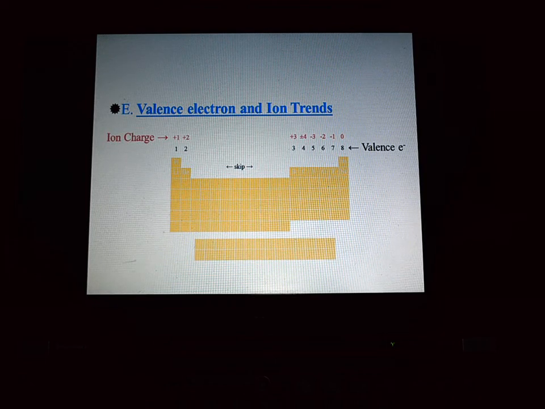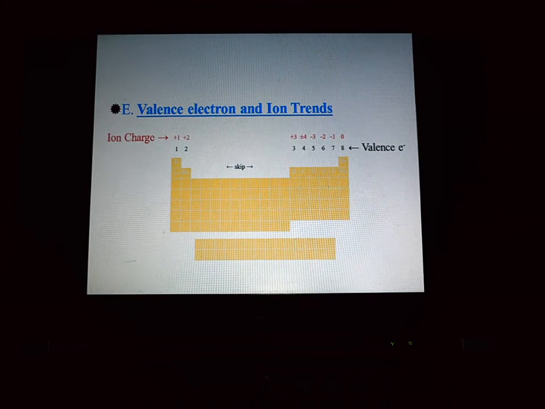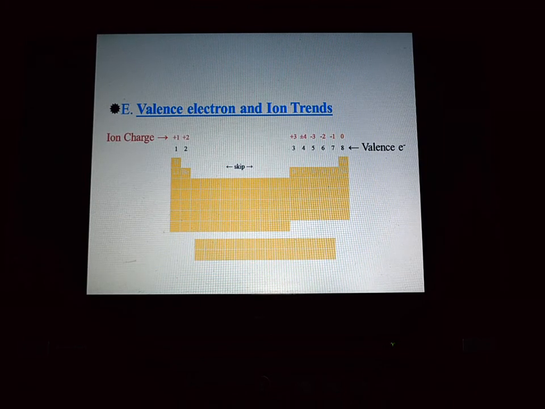And like I said, those are the kind of questions that you would be asked. Not what's the whole trend, but you would be asked, like, what kind of charge would sulfur have? You're not supposed to memorize the charge for sulfur. What you're supposed to do is go, here's my pattern, +1, +2, skip, +3. Oh wait, sulfur is in the -2 column. Sulfur has a -2 charge, just the way oxygen does. So that's the kind of thing that you're going to need to know.